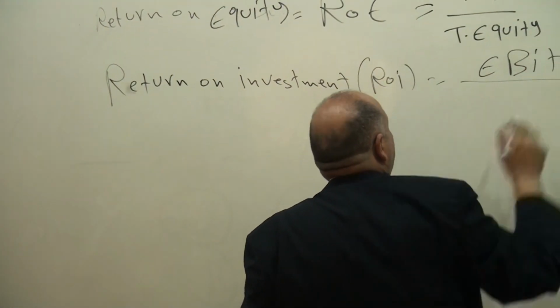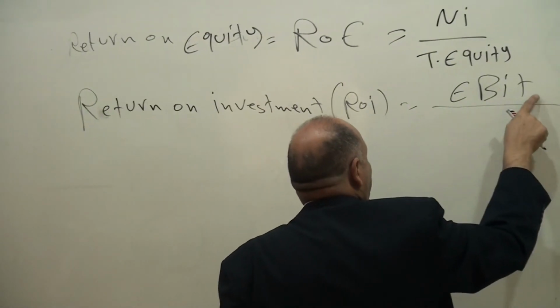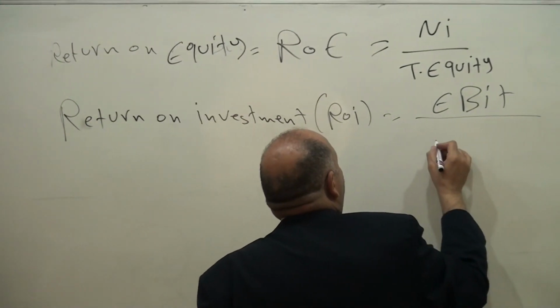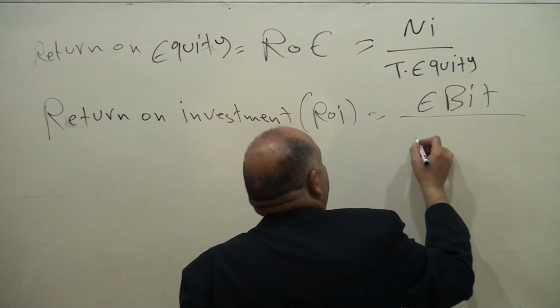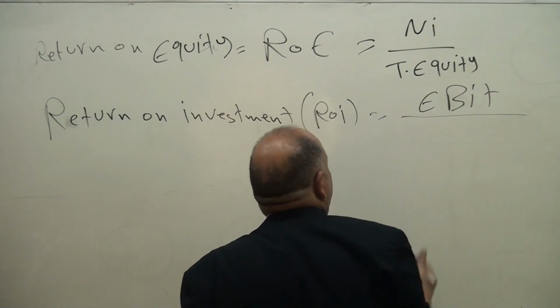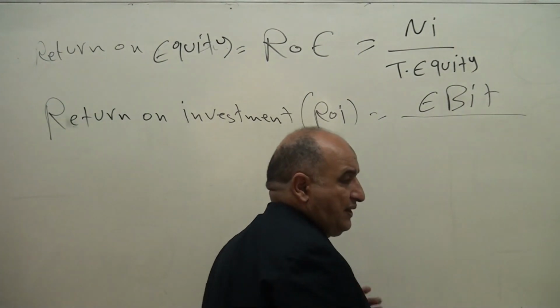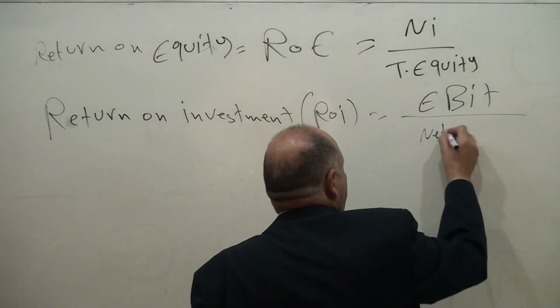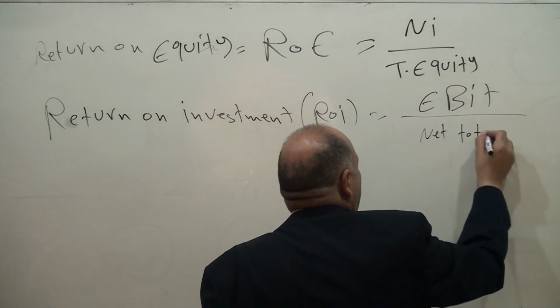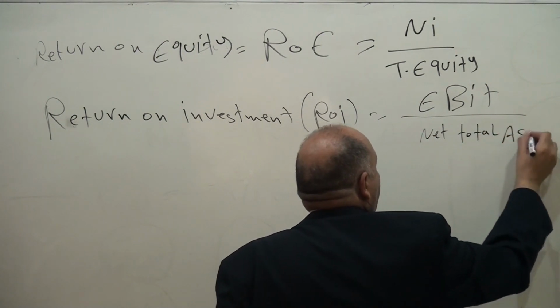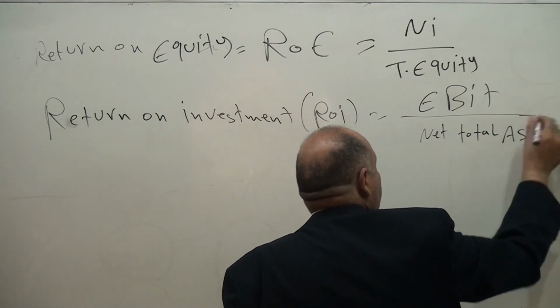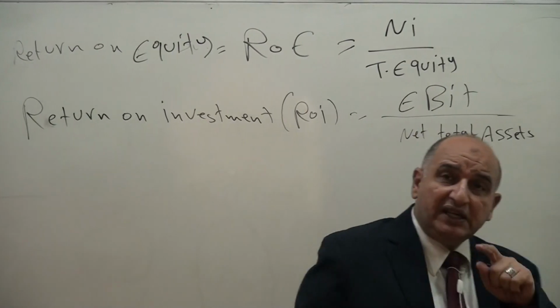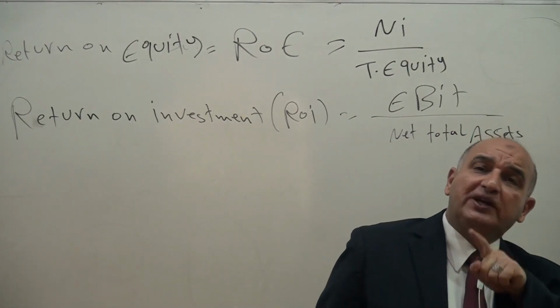Remember what EBIT is? Earnings before interest and tax, divided by working assets, or net assets, not total assets. What I mean is we have to exclude from this any non-working assets.